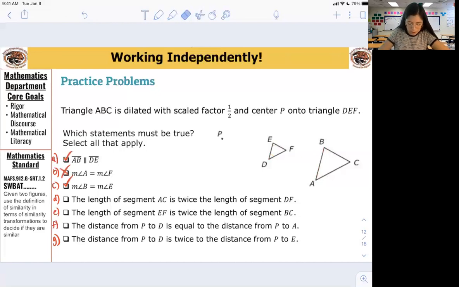D. The length of segment AC is twice the length of segment DF. True or false? Good, Janelle, yeah, that is true.